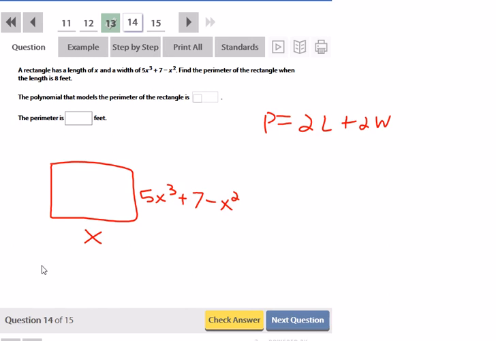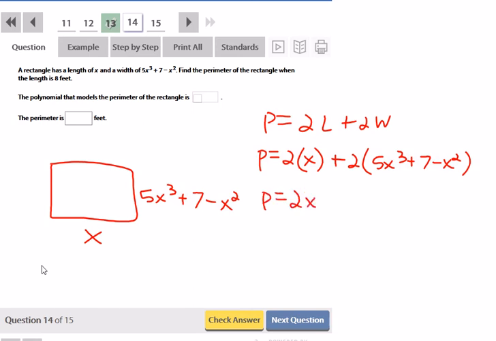So that means here, when I want a polynomial that's going to represent this, it is going to be 2 times x plus 2 times 5x to the third plus 7 minus x squared. I'll simplify by distributing, well, first I'll just multiply 2 times x is 2x, but then I'll distribute this 2 to get 10x to the third plus 14 minus 2x squared.